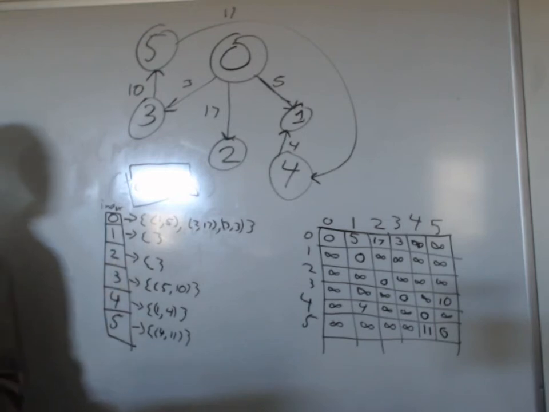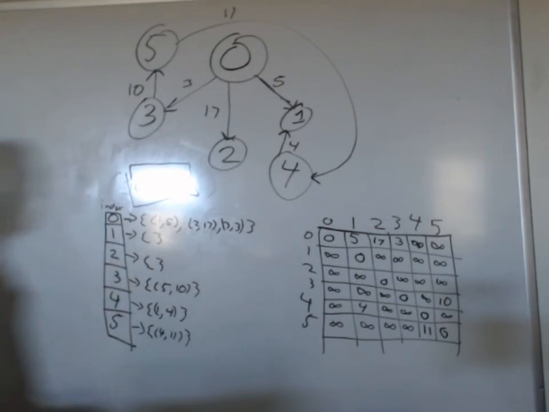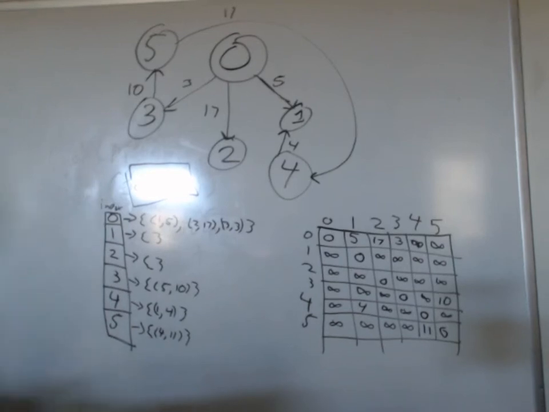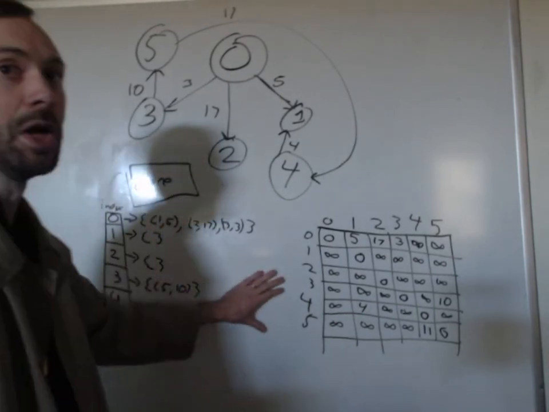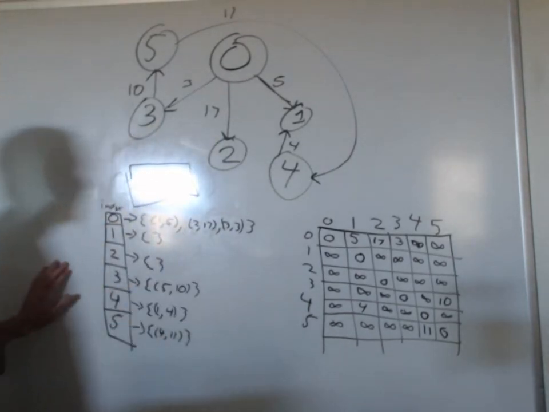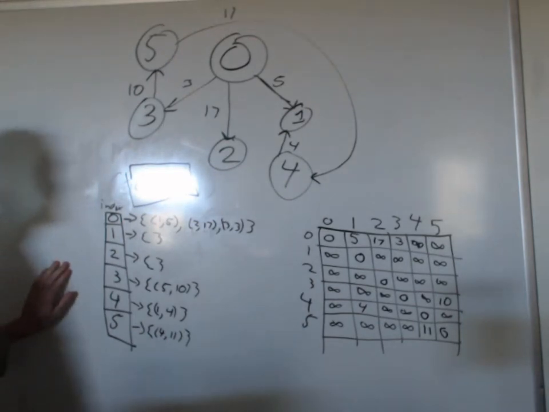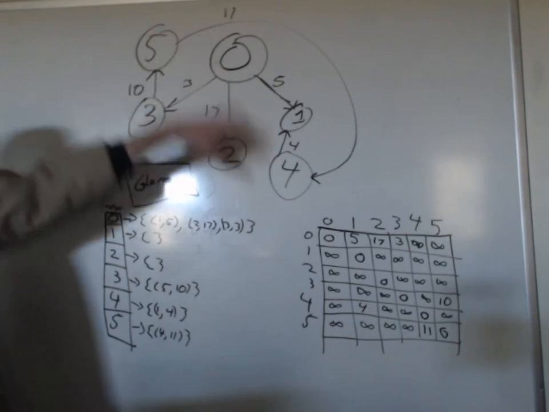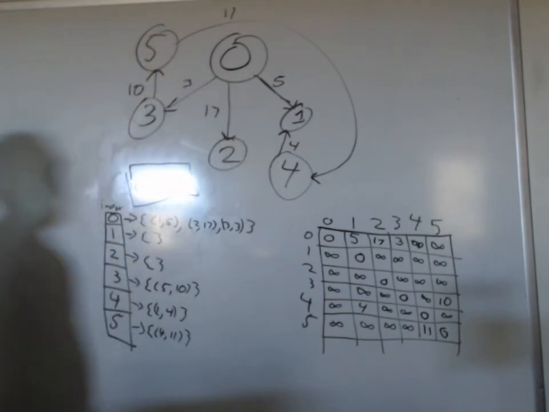If it's a fully connected graph, then you definitely want to use the matrix. But thinking from a big O perspective, remember what operations I just talked about? If you're doing a lot of inserting of edges, or a lot of looking up the weight between 2 nodes, the matrix is going to be better. But when is the list going to be better? The rest of the time. You need to traverse. When you need to traverse the graph, like you're over here and you need to figure out where you need to go in the graph.